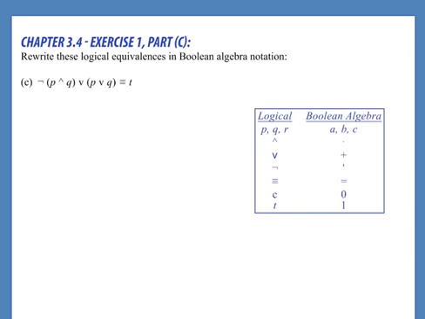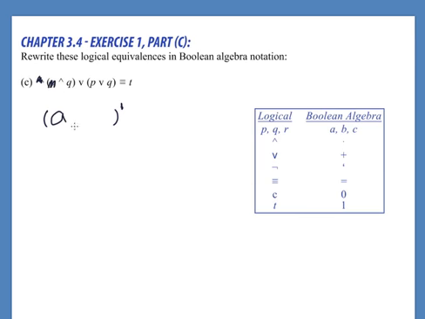Same as part B, where the negation is outside of the parentheses. So that means the complement sign is going to go here. So that crosses out this. The P is equivalent to A, so we got rid of that.